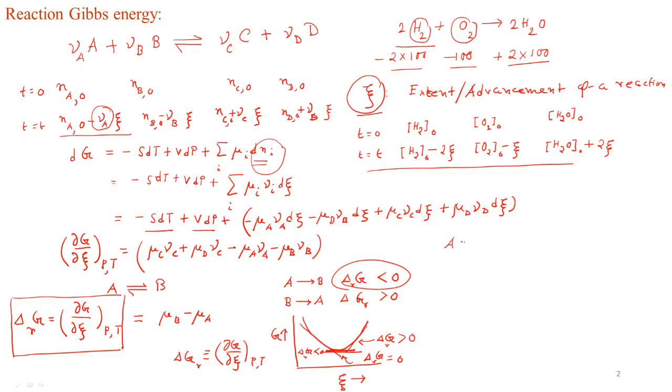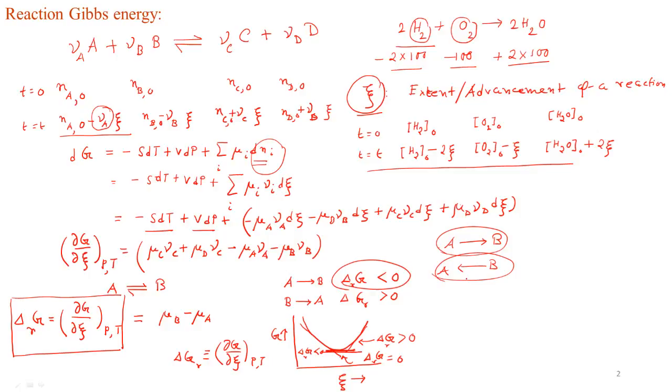Initially A will form B, but as soon as the B concentration increases, B is also forming A. Now the change in the Gibbs free energy, for one case it is decreasing, and in the other case it is increasing. B to A is also a reaction, but when we discuss the slope of the Gibbs free energy with respect to the advancement of the reaction, we see that for these two reactions the slopes are either positive or negative.